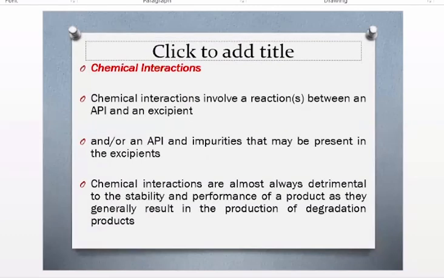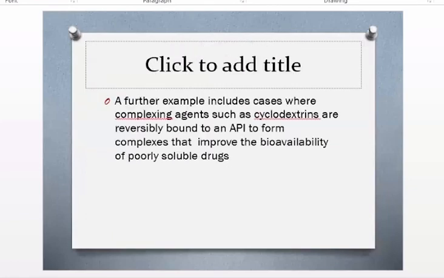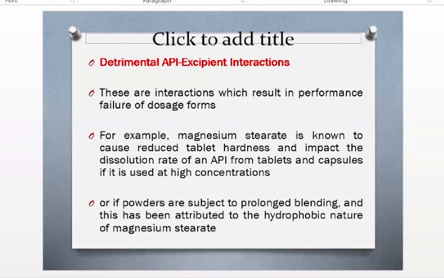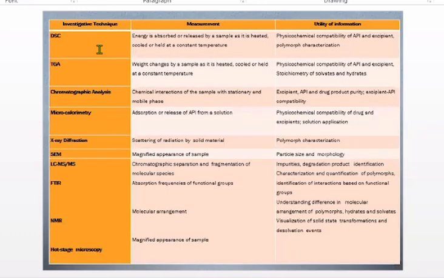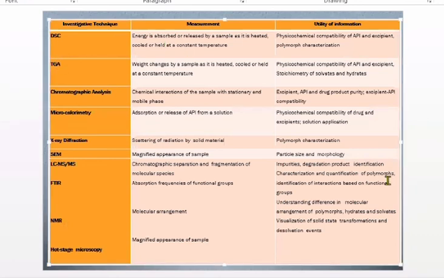So in your case, I don't expect you to get into a detailed understanding of all these techniques like I have, but those who have significant interest to pursue the subject at higher degree levels of MSc and PhD, these are the things that you'll be looking at. The only thing that I'm going to ask of you is that you should know what each investigative technique measures and the utilization of the information that you get.